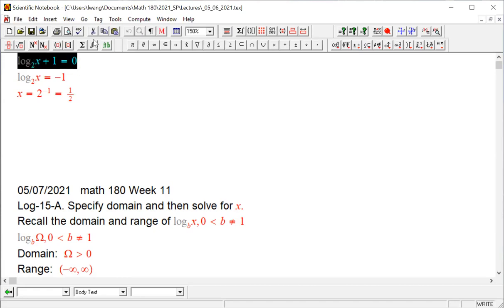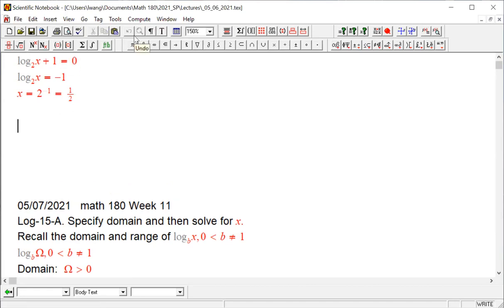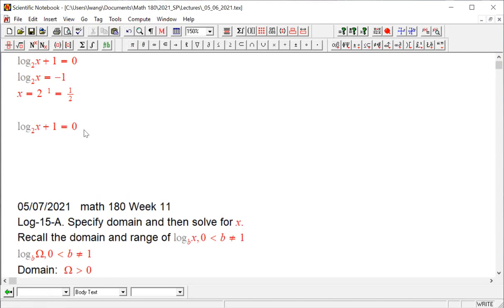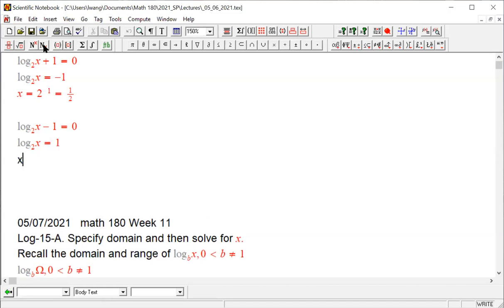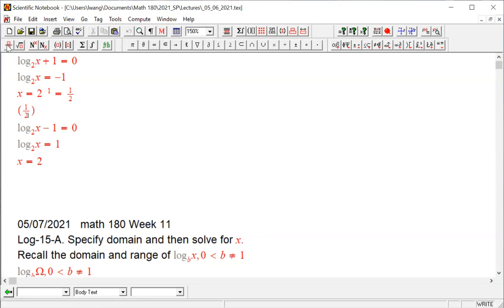The other one we did earlier, I just want to remind you, these are input and output situations: you're looking for output, or you're looking for input. So you have a way to check it. In the case that you don't have a picture with you, you can still find it. That's how we get x equals 2. So the x intercept is (1/2, 0), and the other one is (2, 0).